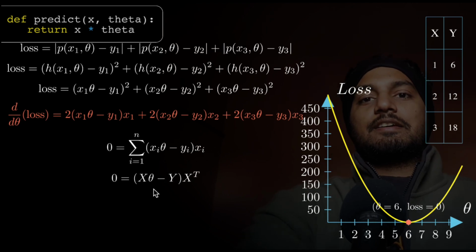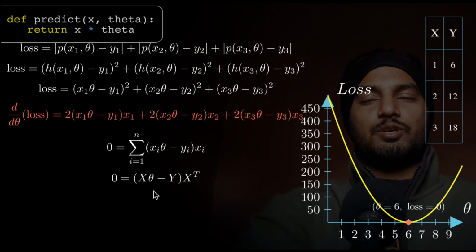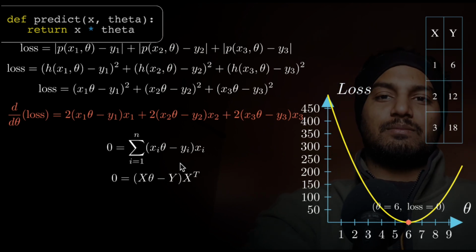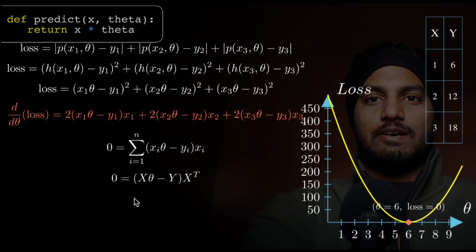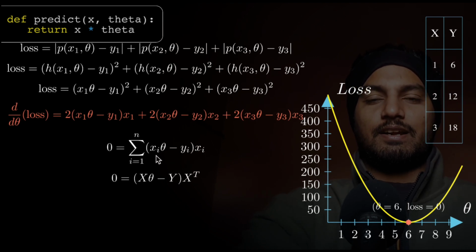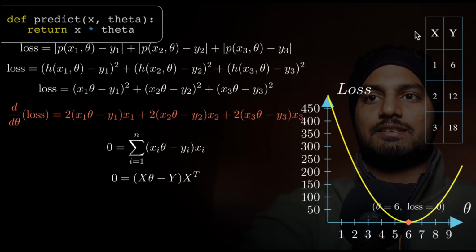And if you remember our GPU versus CPU video, we learned that matrix multiplication can be written this way and it can be a faster way. If you think of this x value, x is 1, 2, 3, it's basically this whole column vector, right? And then this theta x minus y value. This y value is 6, 12, 18, so this will also become a column vector.